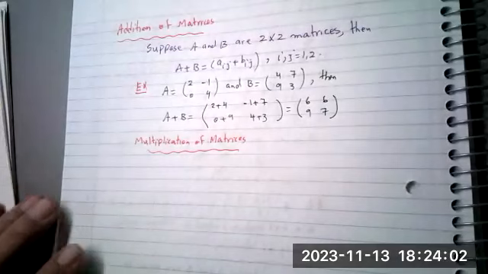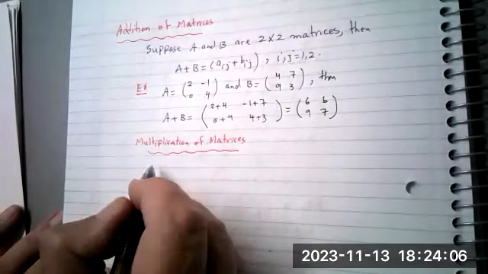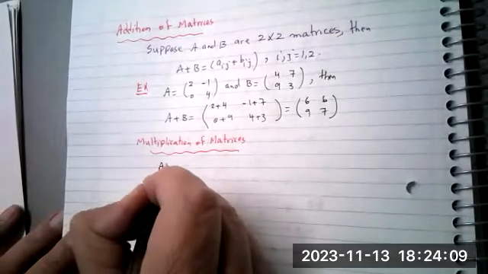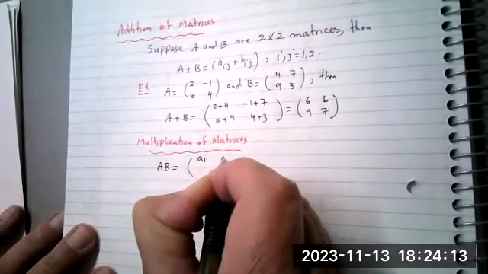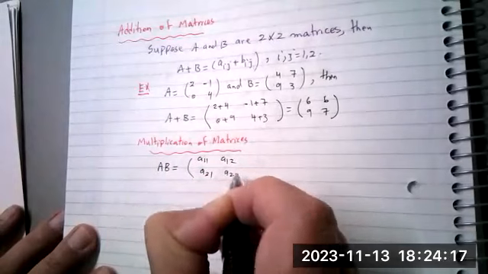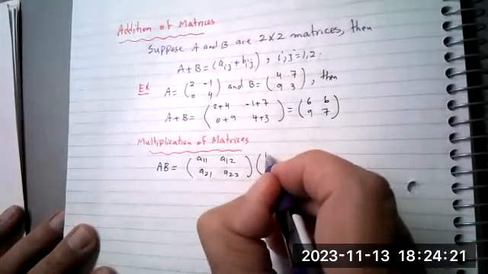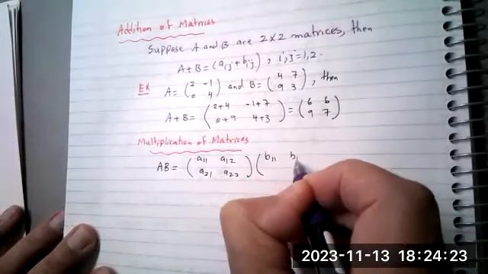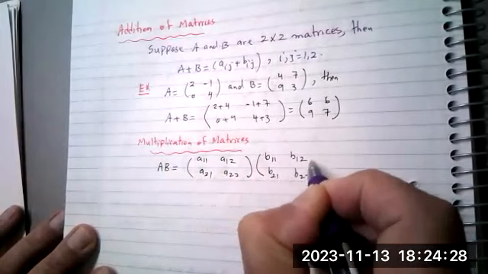So the composition would be of this format. Okay, so this is the way we do it. A times B is the matrix A11, A12, A21, A22. We multiply by another one, which is going to be B11, B12, B21, and the B22.